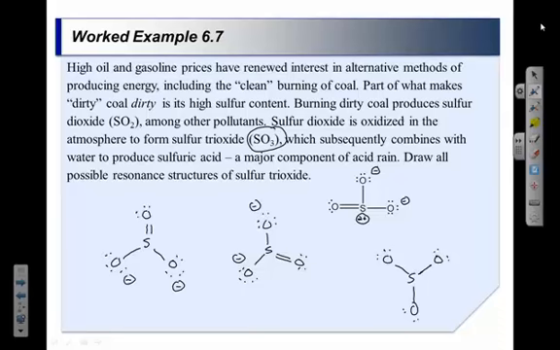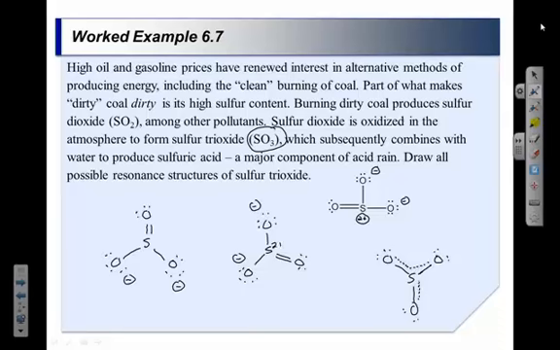It's always moving in through resonance in an orbital that extends over all the atoms. So how do I represent that orbital? I represent those electrons moving in with the dotted line. So I have a dotted line in each one of the SO bonds, because there's an orbital that extends over all those atoms that all those electrons are moving around in.